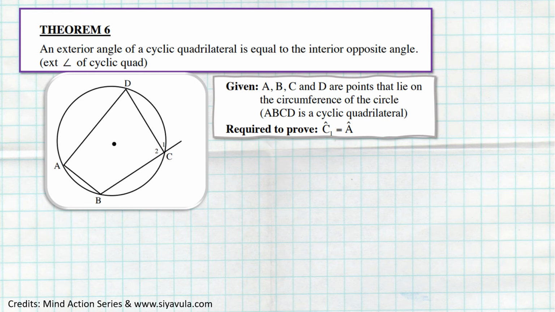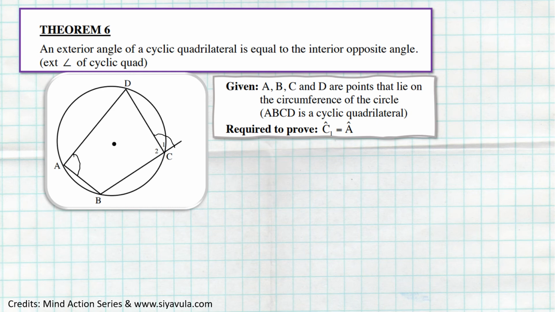Okay, let's now explore theorem number 6 of cyclic quads. It says that if you have a cyclic quadrilateral and you have an exterior angle, that exterior angle of a cyclic quad will be equal to the opposite what? Interior angle. And we give a reason: exterior angle of a cyclic quad.